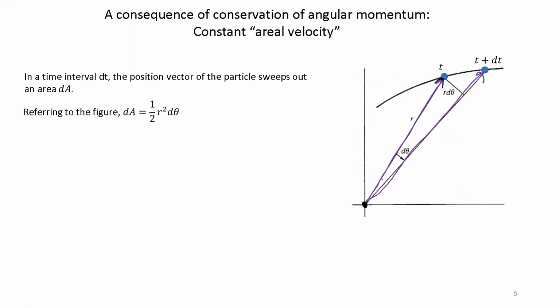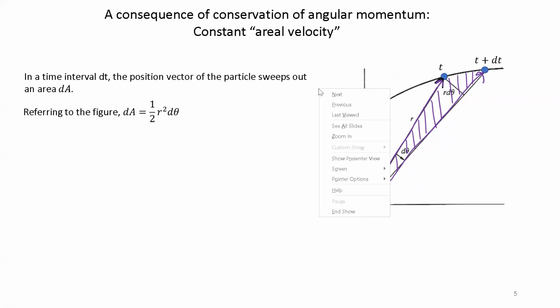What I mean is the region that it has swept across. So what is this area over here? Again, you have to imagine that this dt is very small.